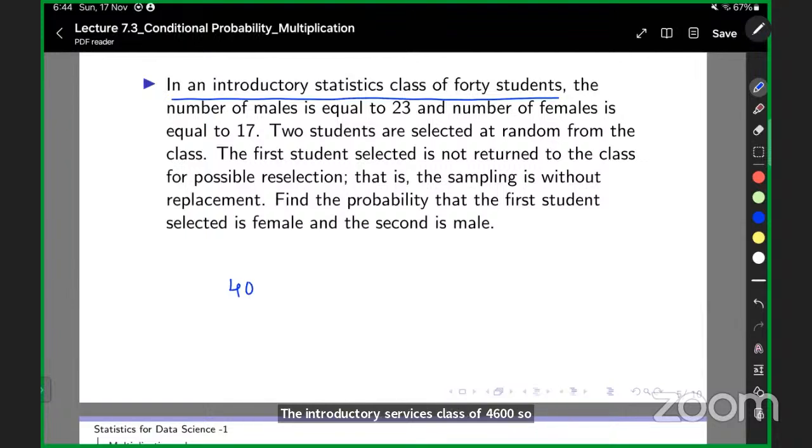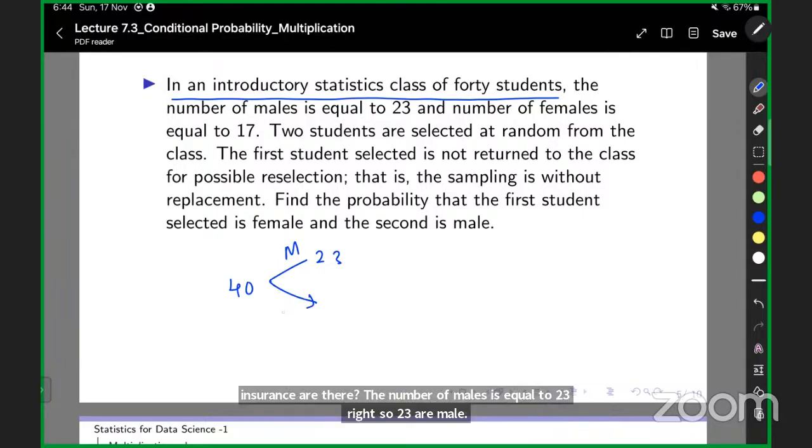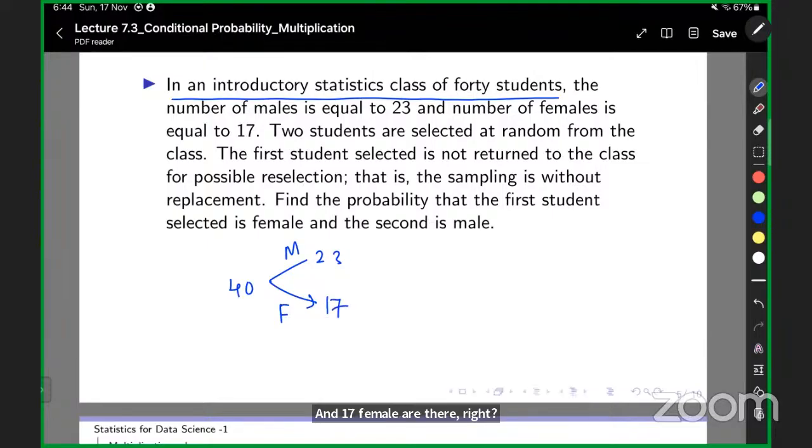The number of males is equal to 23, so 23 are male and 17 female are there. Two students are selected at random, so we have to select one and then a second student. The first student selected is not returned to the class, so whoever gets selected will not be returned to the class.